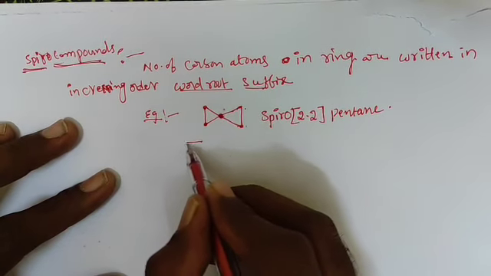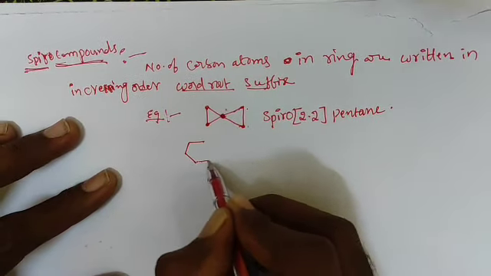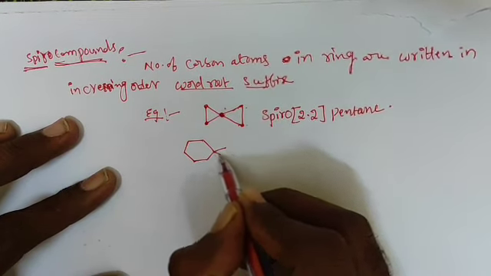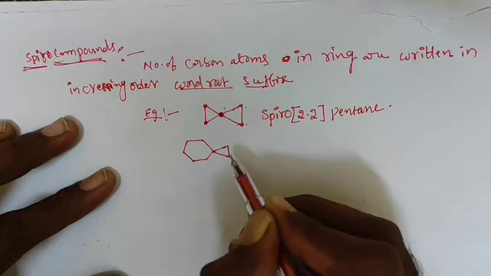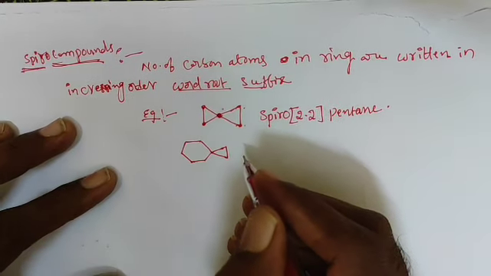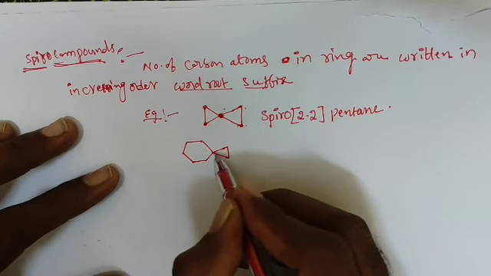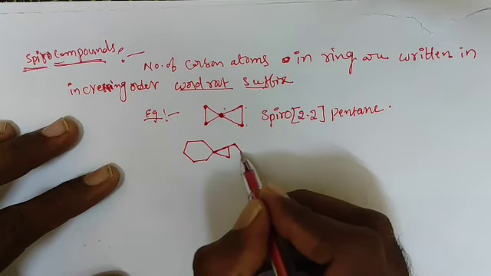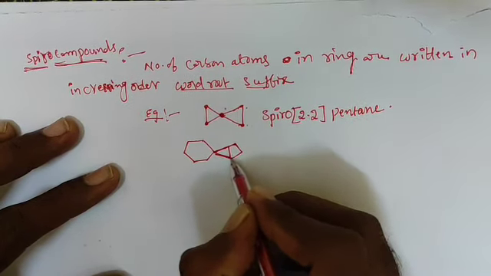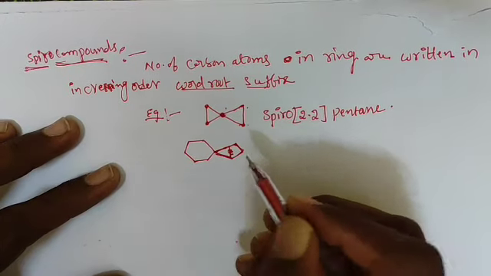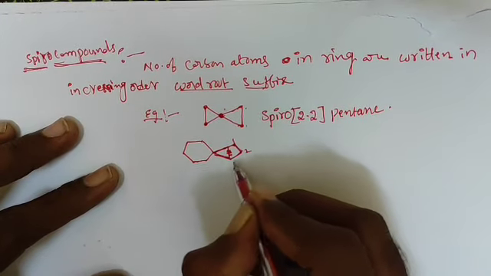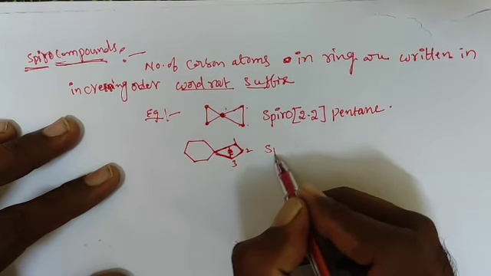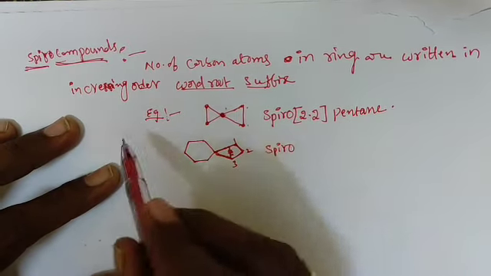Next, one more example. Like this is a benzene ring. Like here, one compound is there. Okay, like this. Here 1 2 3. So we will call this a Spiro in increasing order.